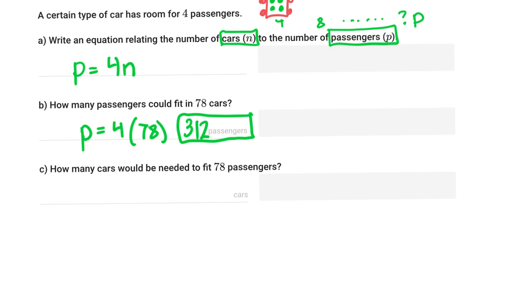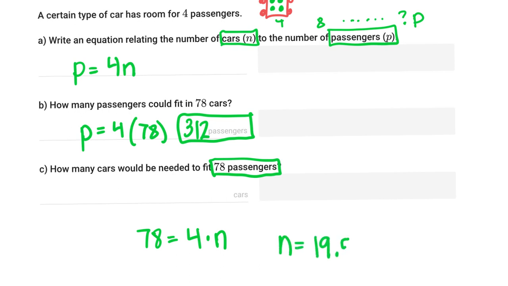The other question, this is a little bit different. It says how many cars would we need for 78 passengers? We know our P is 78, but we need to figure out the N. So if we take 78 and divide it by 4, we get 19.5. But there's a problem. We can't have 0.5 cars.